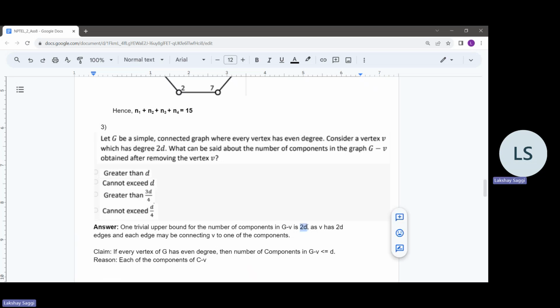In any general graph, it will be less than or equal to 2D. But if every vertex has even degree, this special property, then the number of components will be less than or equal to D. And why is this the case?